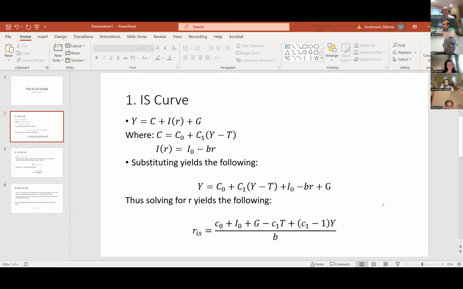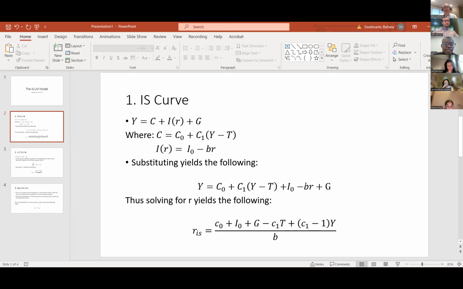Consumption is autonomous consumption, C0, plus the marginal propensity to consume multiplied by disposable income, which is our income Y minus taxes. Investment is autonomous investment minus B multiplied by the real interest rate. So B is how sensitive investment is to changes in the real interest rate.